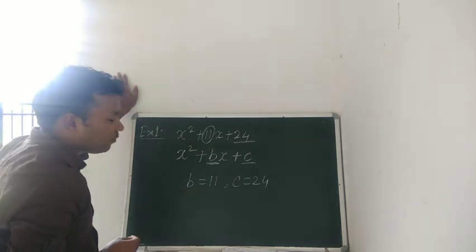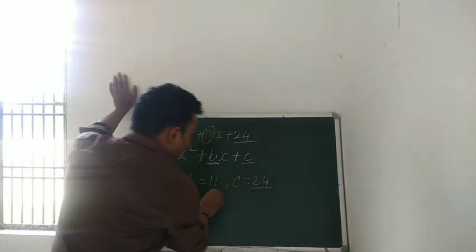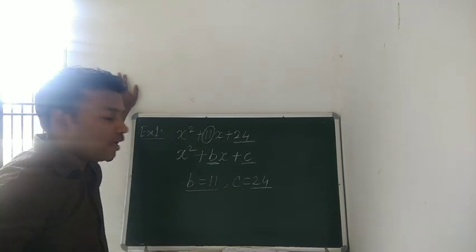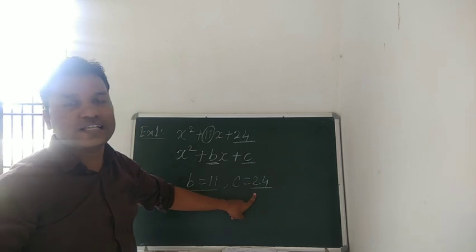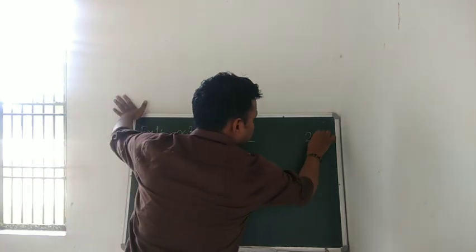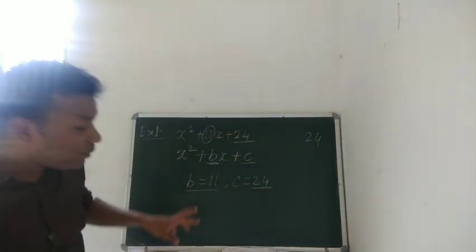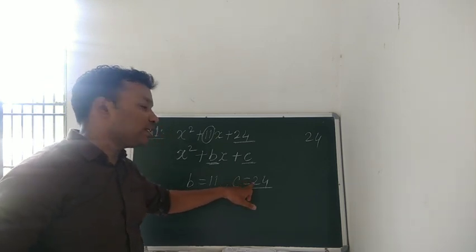So students, we have the value of c and the value of b, and what we have to do here is factorize the value of c, that is 24, into two such factors.